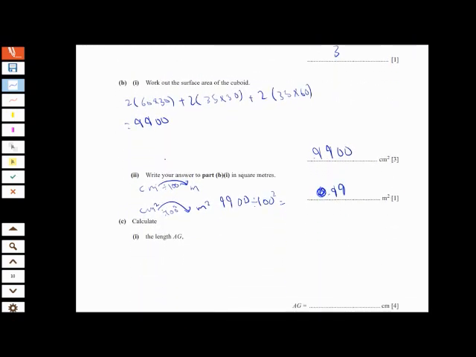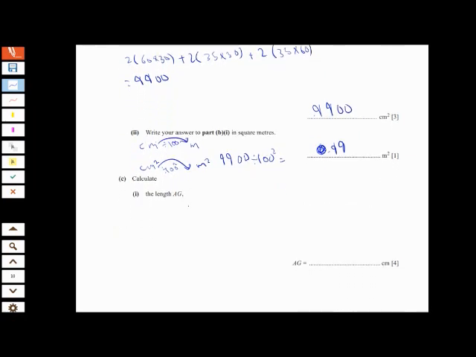If you redraw this whole thing, it's basically like this, something like this. Now this is G and this is A, or vice versa, I'm not sure.